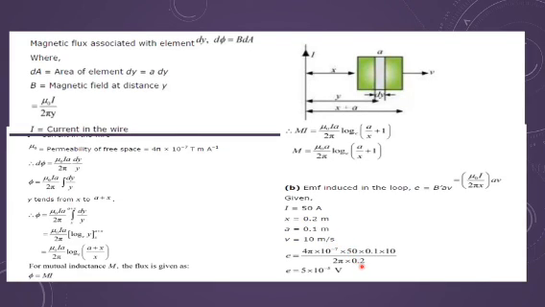This formula is important for the induced EMF, because induced EMF is equal to d phi by dt. So dx by dt is converted into v. You have to write the change in length upon time in terms of the velocity, because velocity is given in the question.